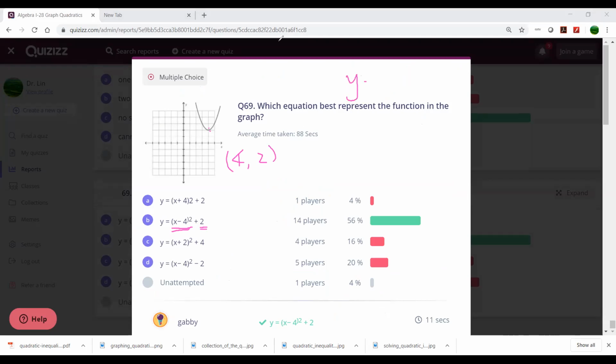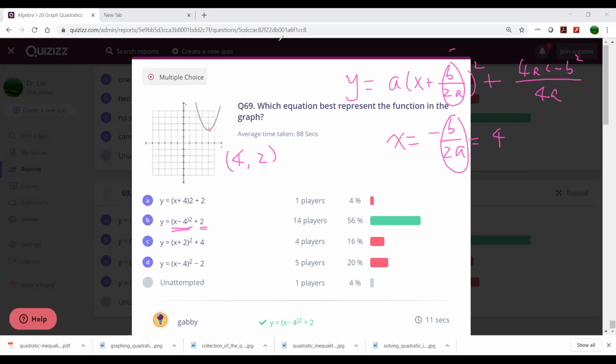So let's go back to see y actually is a(x plus b over 2a) squared plus (4ac minus b squared) over 4a. All right, so the axis of symmetry, we know the axis of symmetry is negative b over 2a. So here it means x equals 4, right? So this part equals 4. The symmetry here equals 2.